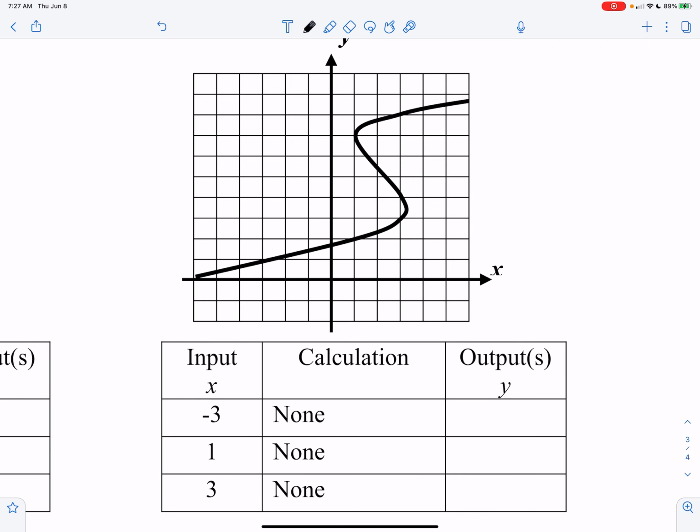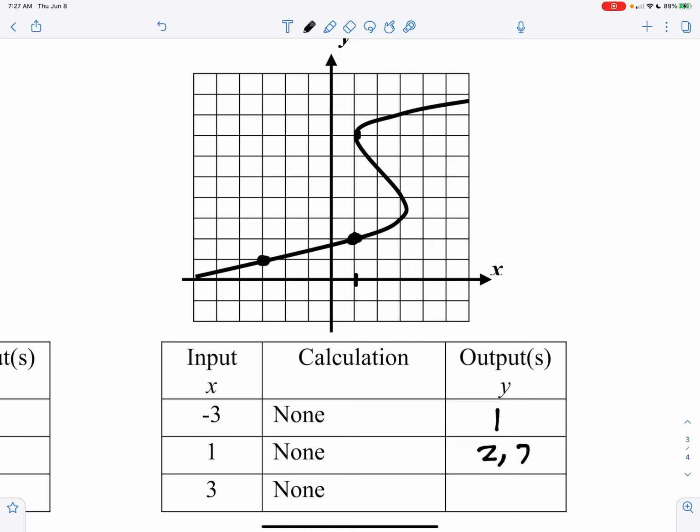Okay, if I look at this here, -3, that puts me about right there. That would be an output of about 1. If I go to 1, that's right here, and if you look at x equals 1, you have an output here and here, which is at about 2 and 7.